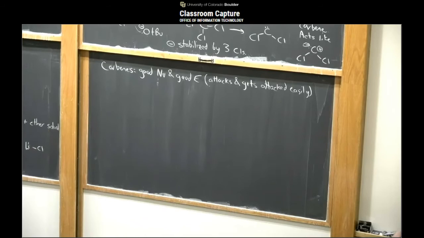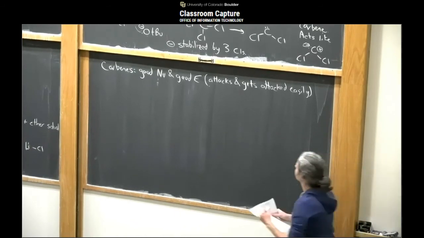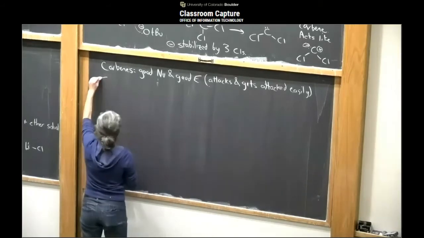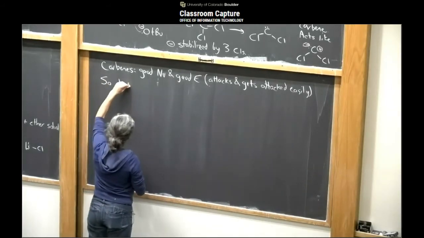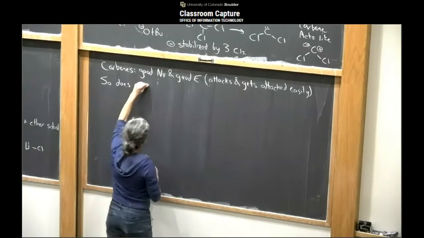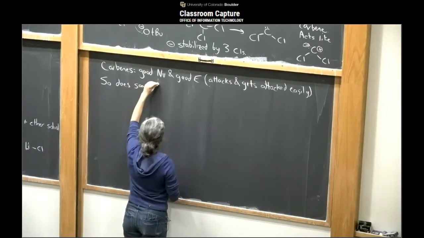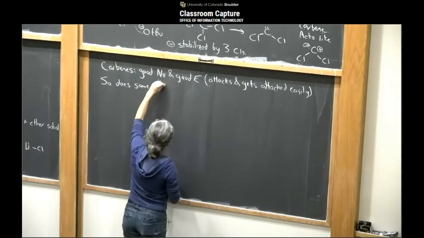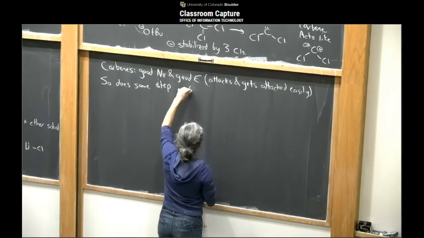Do you guys remember when we've seen that come up in the past? Yeah, halonium rings. So this is actually going to do the same looking step as forming a halonium ring.